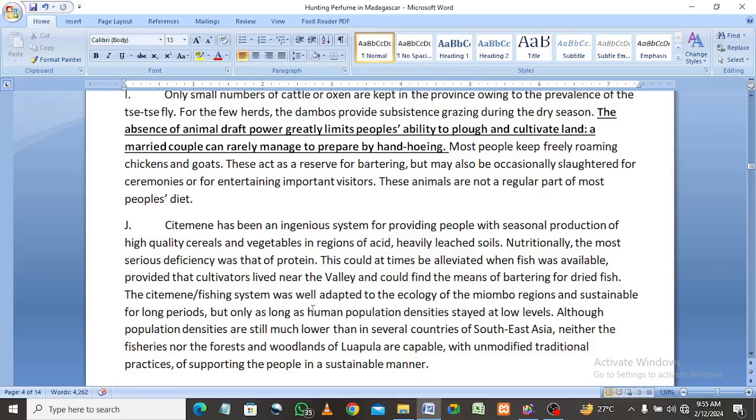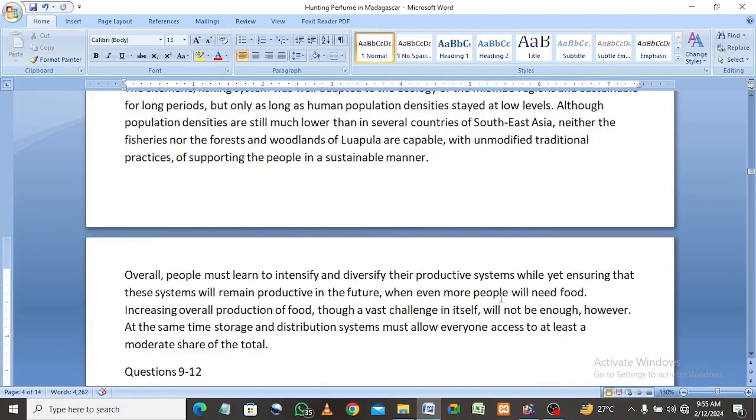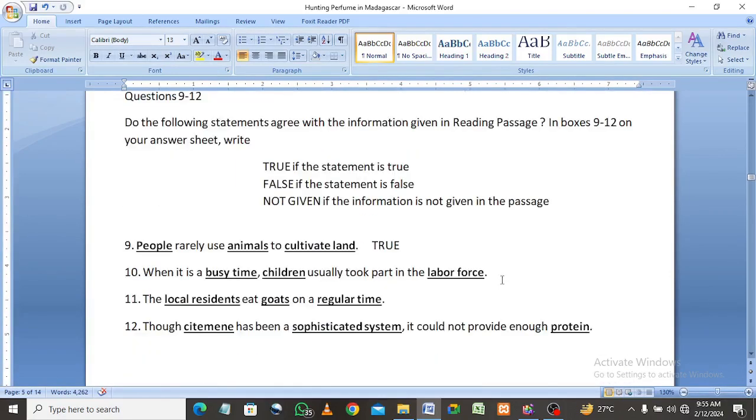So you see now that we did not see anything related to that in the passage. So what do you need to do? For us not to waste time, the answer here will become what? Not Given. Because we didn't see anything that relates to this particular statement.